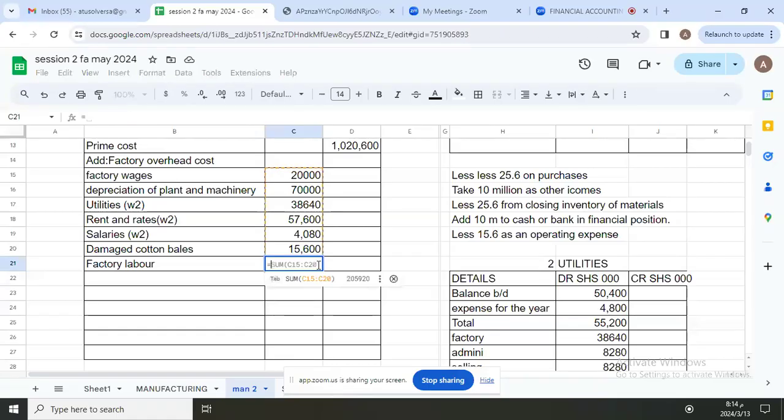We said equals, let me use brackets: 141,600 minus 21,600, close brackets, times 1 divided by 6.